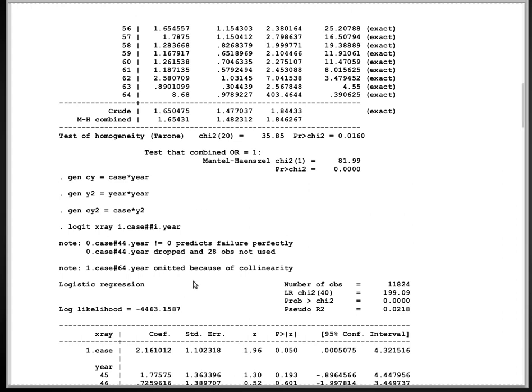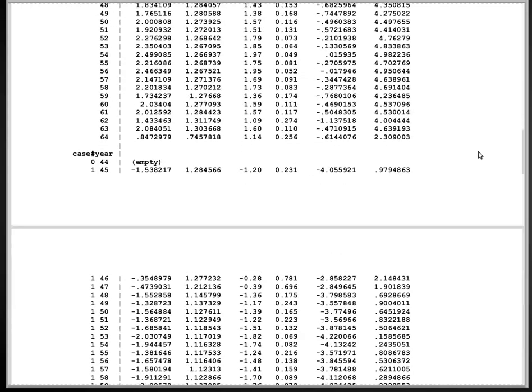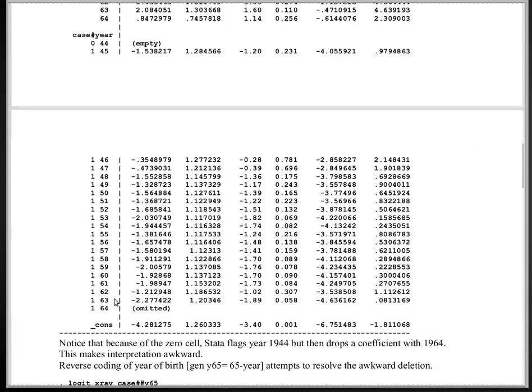Unfortunately, the default here is that Stata drops the last variable, in this case the variable associated with the product of case control status and the year 1964. Now, maybe that makes the interpretation here a little bit trickier.